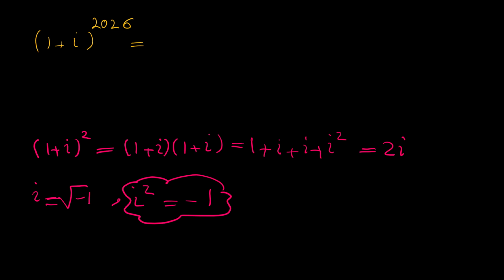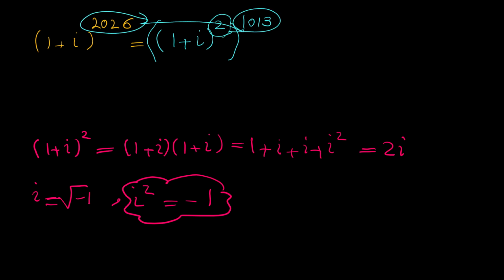And this can be very helpful for us to raise 1 plus i to the power of 2026. But how? Note that we can write 1 plus i to the power of 2026 in the form of 1 plus i to the 2, all to the power of 1013. Attention, if we multiply this power by this power, we have 2026.